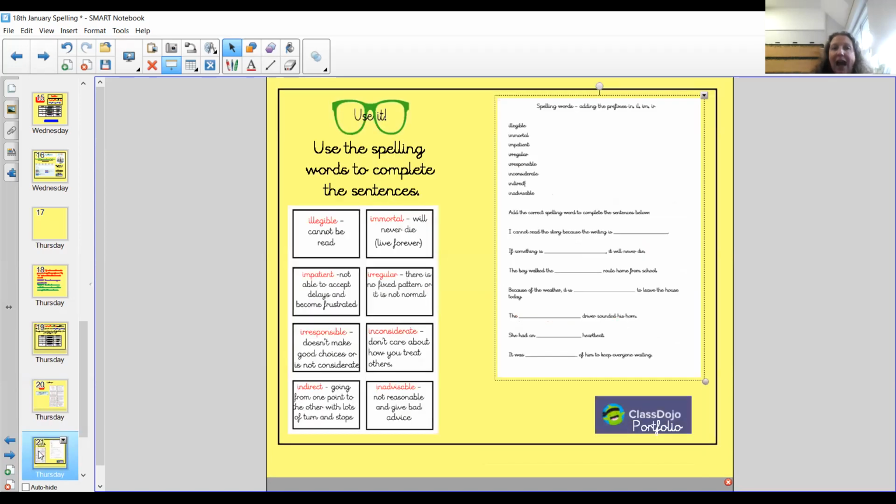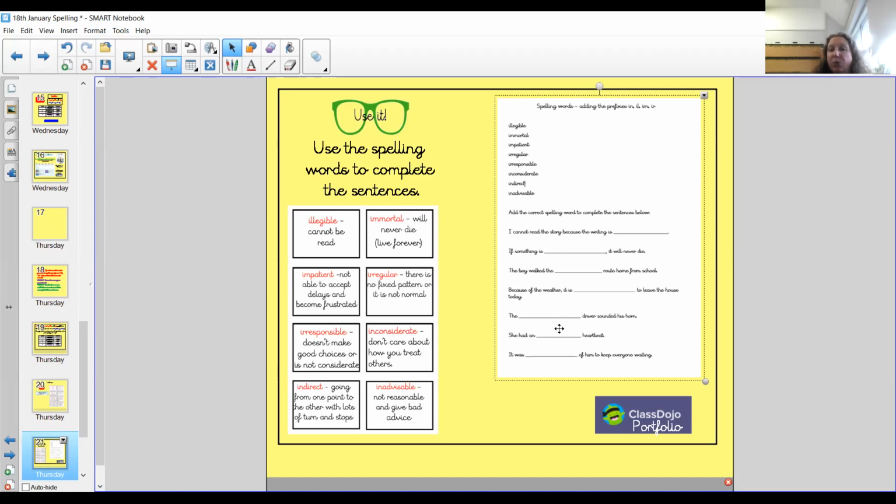Okay, so our activity today, our use it. So you're going to use your knowledge of those new spelling words in order to complete the task. So it says use it, use the spelling words to complete the sentences. Okay, so you will have a sheet, and I will put this on Dojo, and you will have a sheet that has got at the top the spelling words, and then it has got some sentences, but there are some words missing from our sentences.